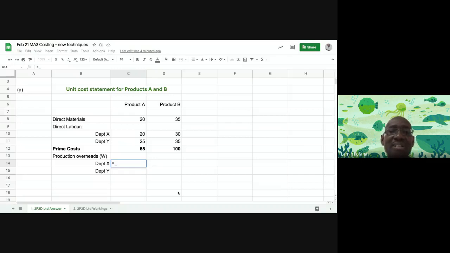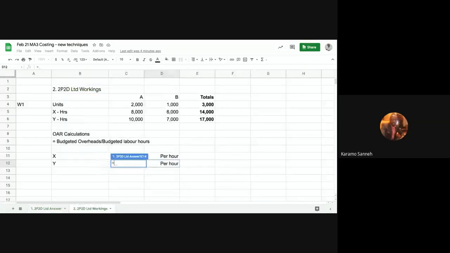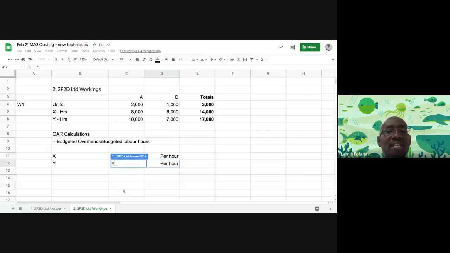We say equals. We click on the worksheet down, C2, for working. The working sheet, yes. You have to select where the cursor is.